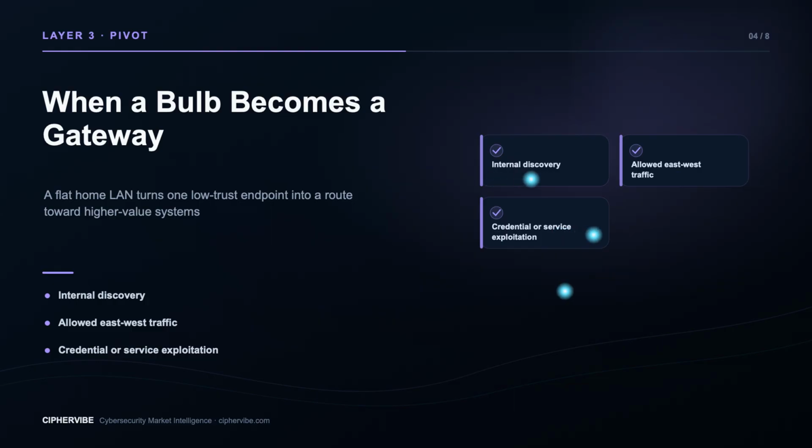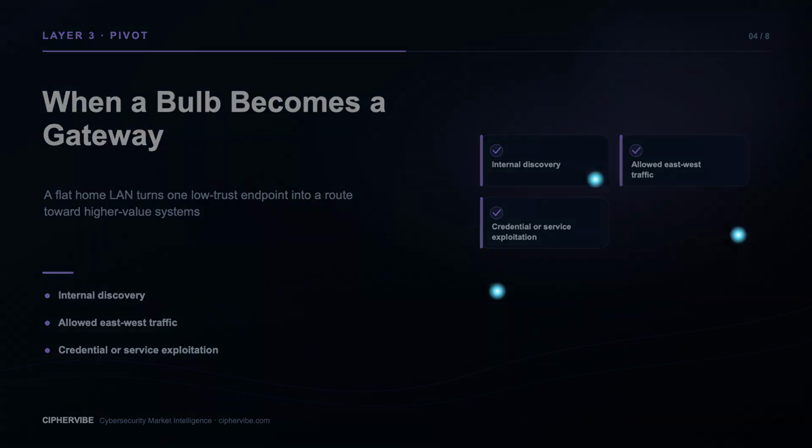It is already inside the perimeter, it stays powered, and users rarely monitor it. The critical decision is whether the IoT zone can initiate connections toward trusted devices. If a bulb needs only DNS, time synchronization, and a vendor cloud, it should not be able to open sessions to a laptop, network drive, or router management page.